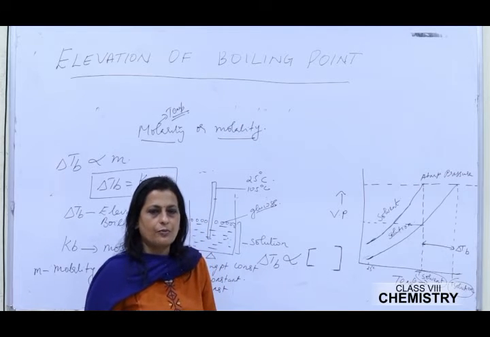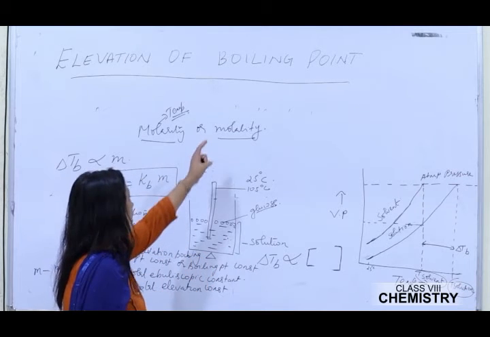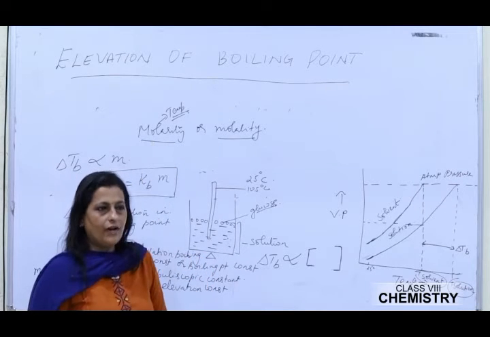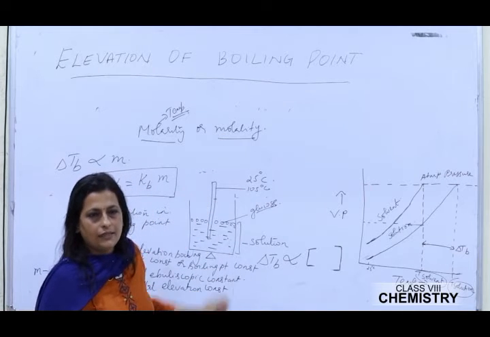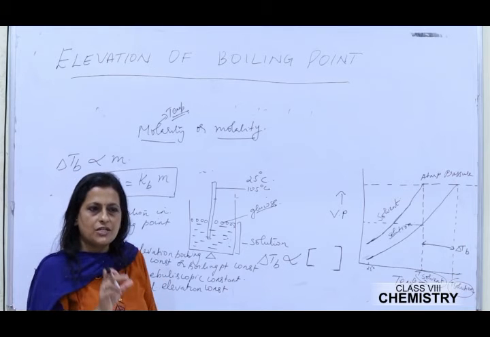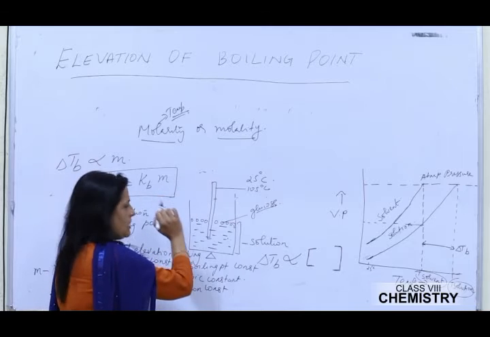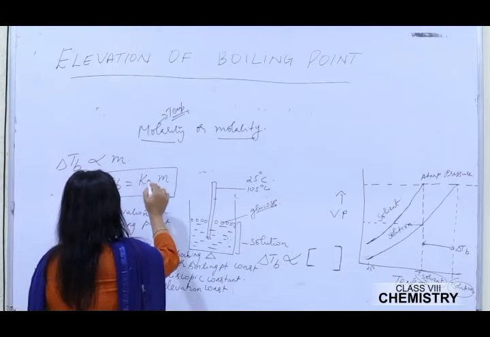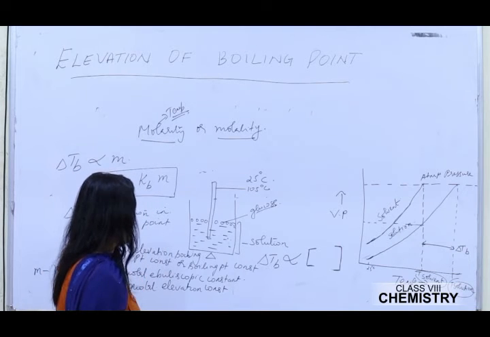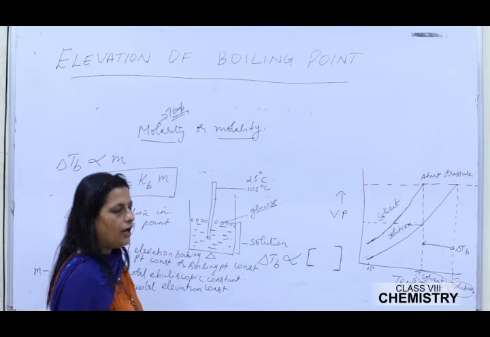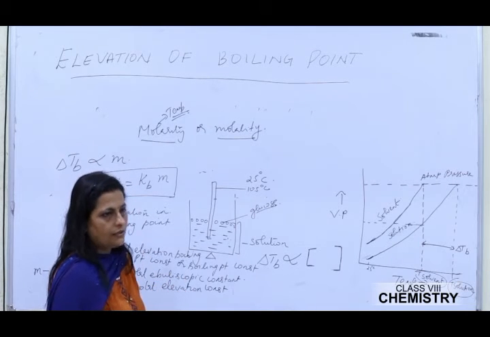It's directly proportional to the concentration of the solution, and here we are taking molality instead of molarity, because molality is independent of temperature and molarity depends upon temperature. So delta TB is a variation in temperature, and when the temperature changes, molality will not change. In order to remove this proportionality sign, we multiply it by a constant Kb, where Kb is known as molar elevation constant, or molar elevation boiling point constant, or molar ebullioscopic constant.